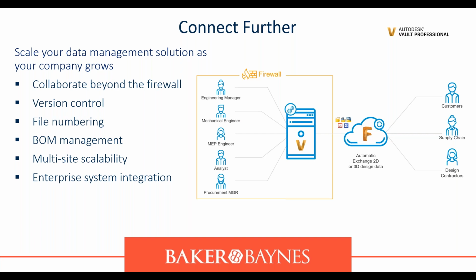Replicate your data among multiple sites. And integrate your ERP and lifecycle management system. Those are just some of the many benefits of connecting further with Vault Professional, so you can scale your data management solution as your company grows. Collaborate beyond the firewall, version control, file numbering, bill of material management, multi-site scalability, and enterprise system integration.